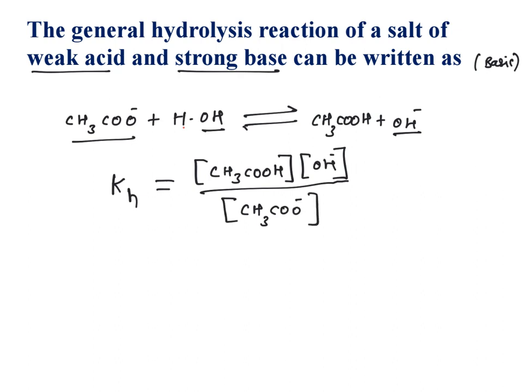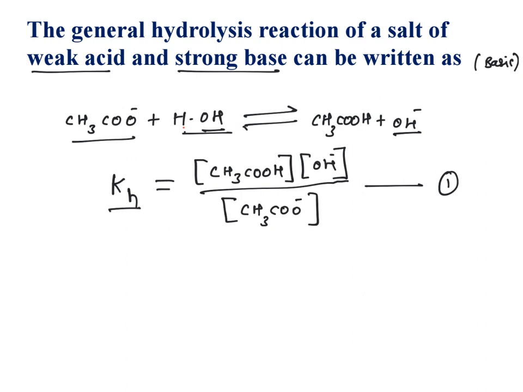Water is present in excess, so I am not including it in the hydrolysis constant expression. Let us call this equation 1. So Kh depends upon the concentrations of acetic acid, OH minus and acetate ion. This is the expression for the hydrolysis constant of a salt of a weak acid and strong base.